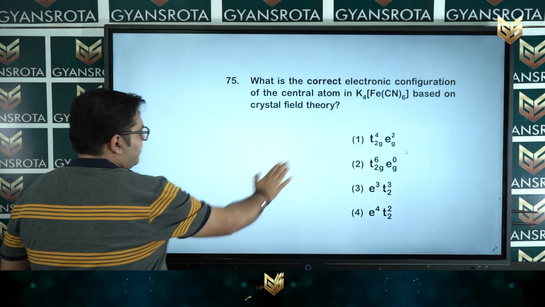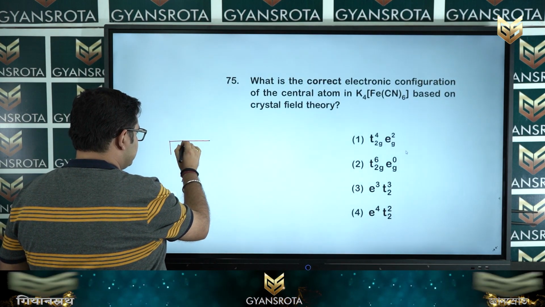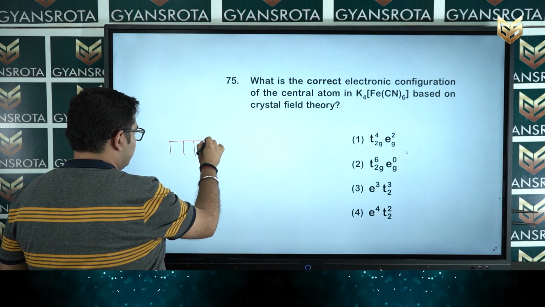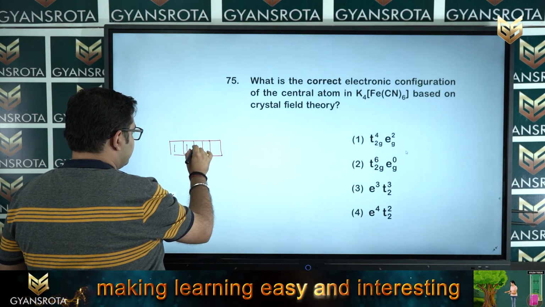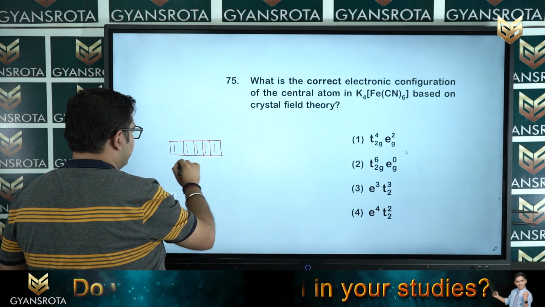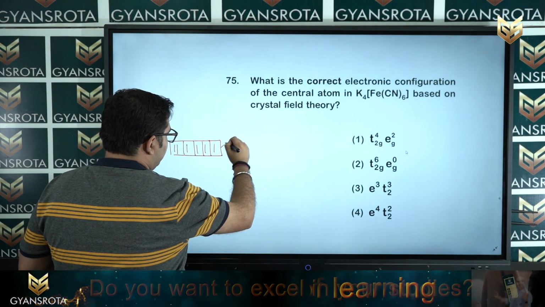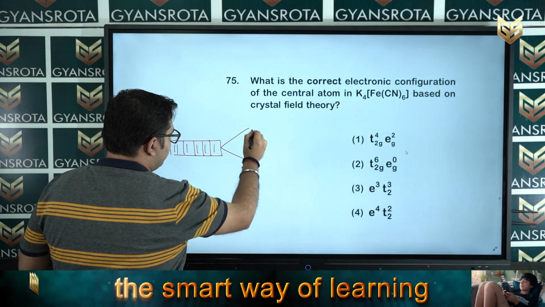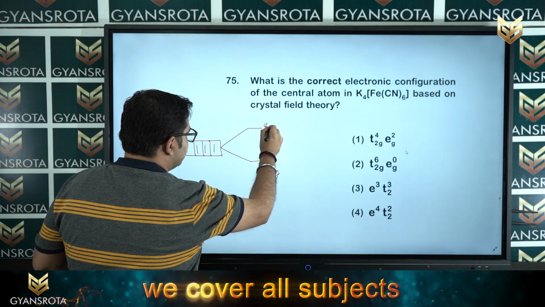Now, I am going to rub this part, and we already know there are 6 electrons: 1, 2, 3, 4, 5 and 6, and it is going to split into two forms, that is T2g and Eg.